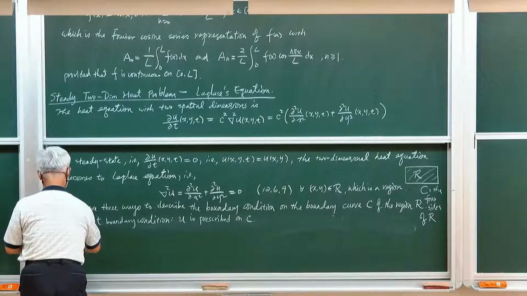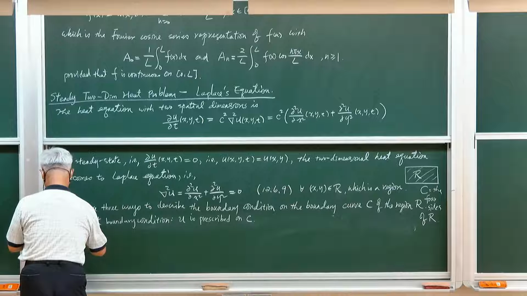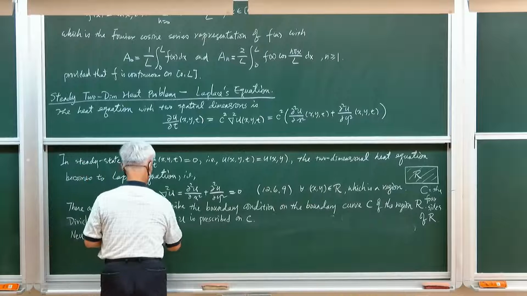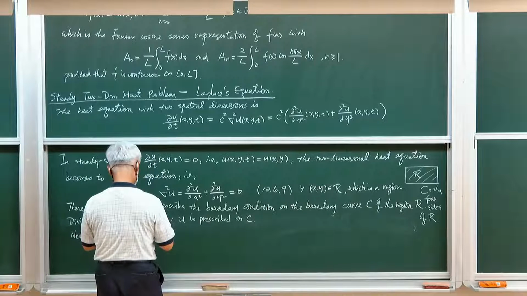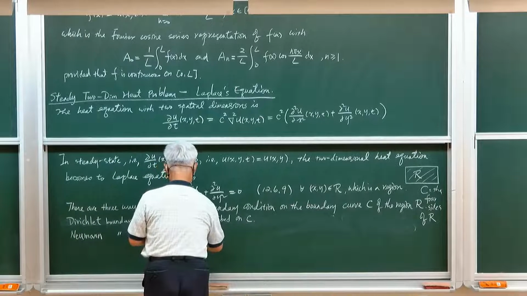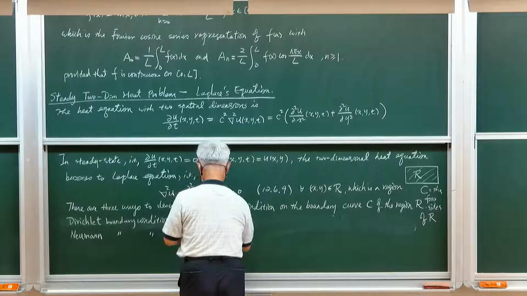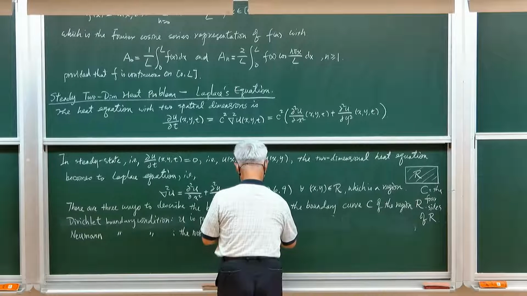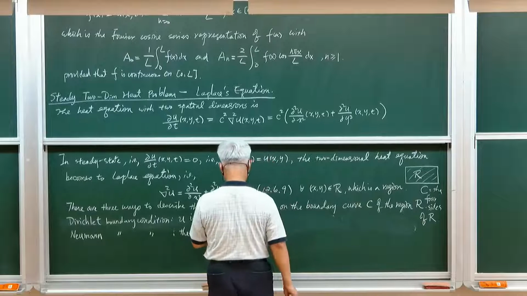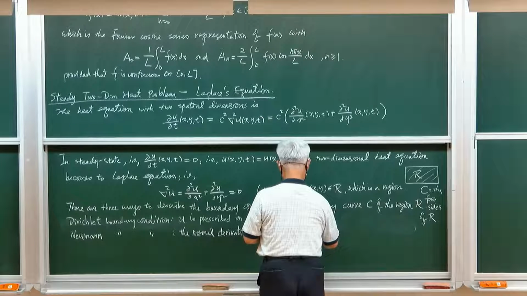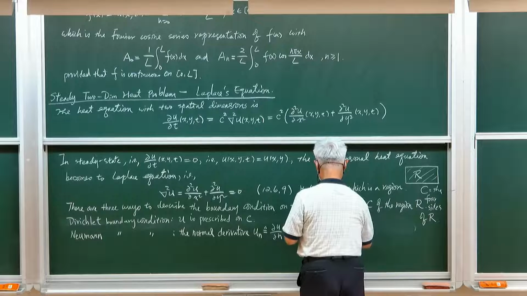The second is called the Neumann boundary condition, where the normal derivative, u_n, is prescribed on C.